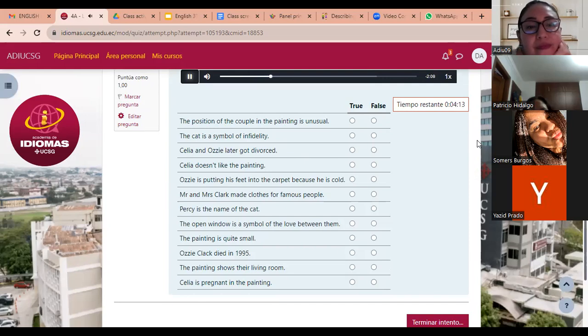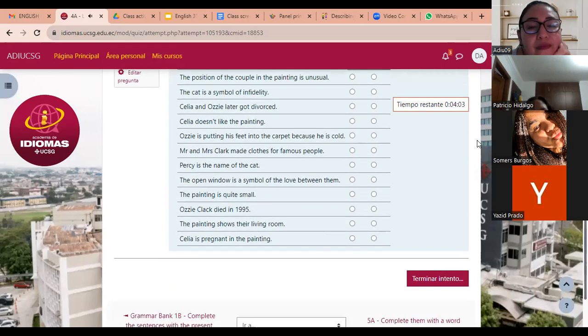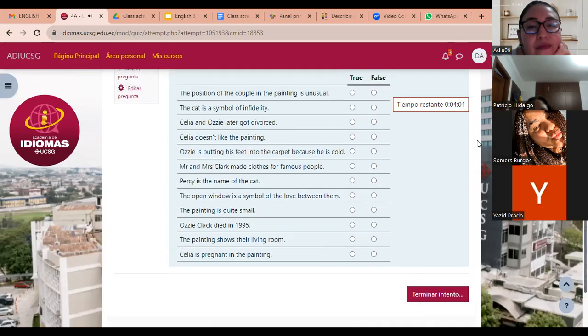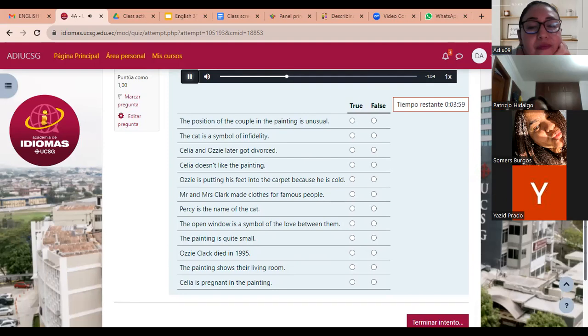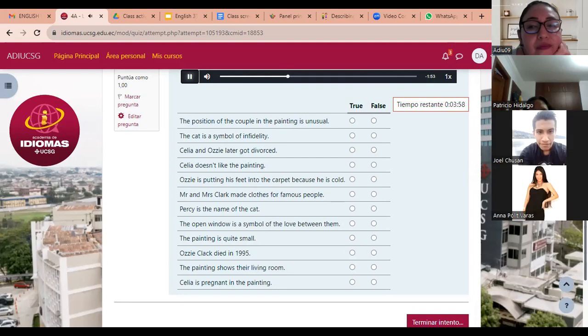Hockney painted Ozzie and Celia a few months after they got married in their flat at Notting Hill in London. He painted them in their bedroom because he liked the light there, and on the wall on the left of the window, you can see one of his own paintings. Mr. and Mrs. Clark and Percy is a very big painting, approximately 3 meters wide and 2 meters high.